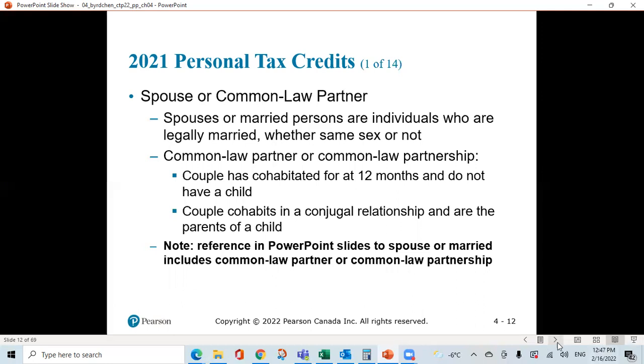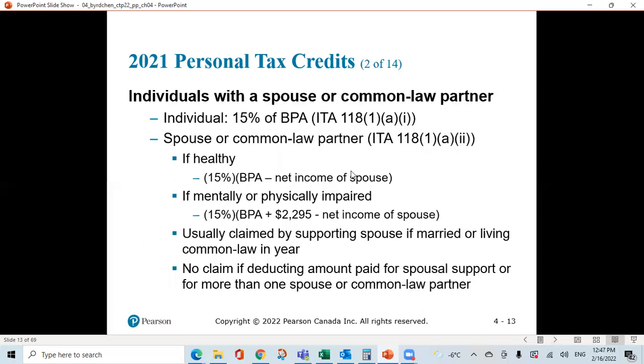Now, how are we going to calculate this for individuals with a spouse or a common law partner? For the individual, this credit is simply 15% of the BPA, as we just showed in the formulas from the last slides.